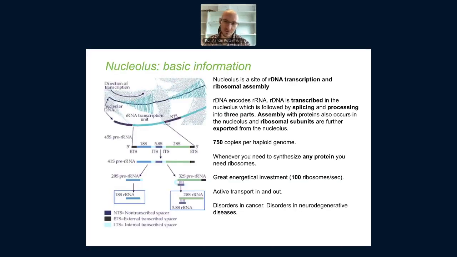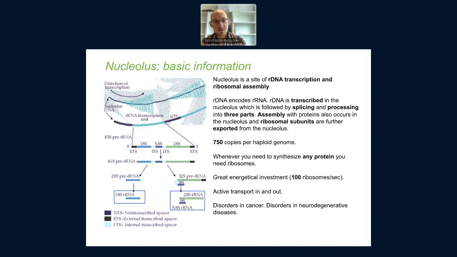So a brief introduction to the rDNA and to the nucleolus. rDNA is transcribed within the nucleolus by RNA polymerase 1, and it is transcribed into the primary transcript that is further processed into 3 parts that afterwards assemble with ribosomal proteins and give rise to the ribosomal subunits that are further exported outside of the nucleolus.